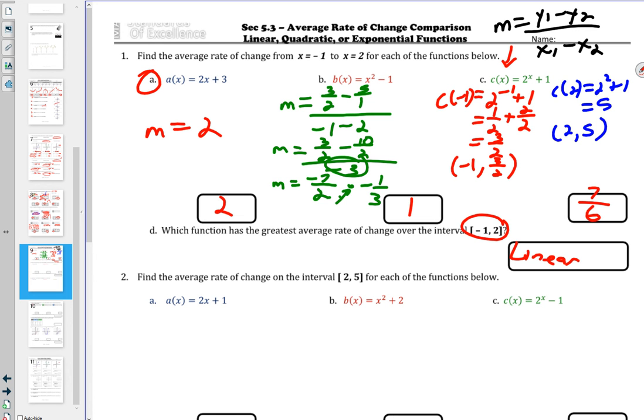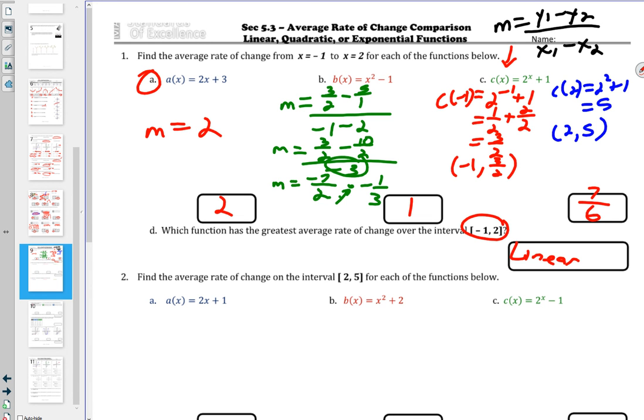This was a very restrictive interval, and also every function was different. Like here, this was a y-intercept of 3. This was a y-intercept of -1. No, actually, you know what? No, I take it back.